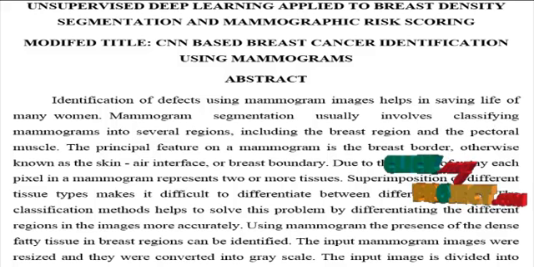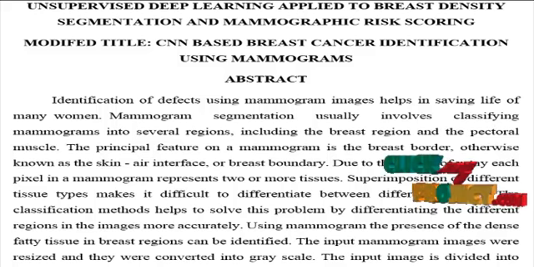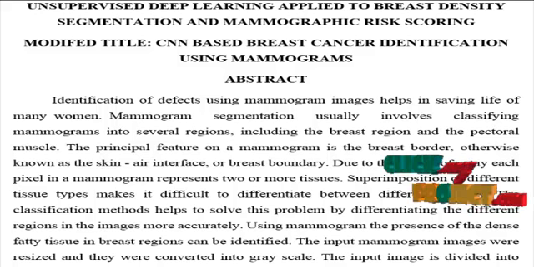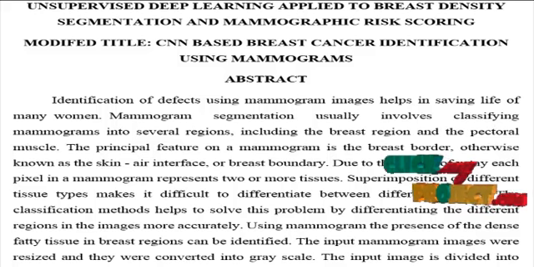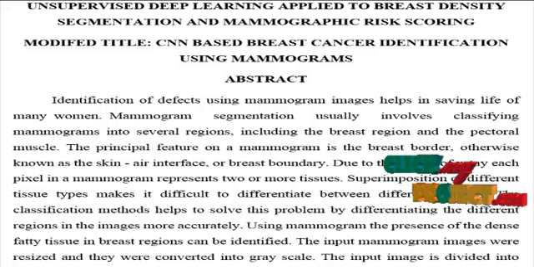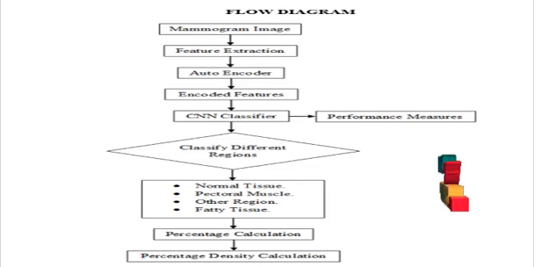The convolutional neural network separates the input image into four different layers, indicating different regions of the images. The predictions for each patch were fused, resulting in the final segmented image. From the segmented regions, the dense fatty tissue percentage is identified. The performance of the process is measured with the help of performance metrics like area under curve, dice coefficient, and percentage mammographic density. Let me see the flow of the process.